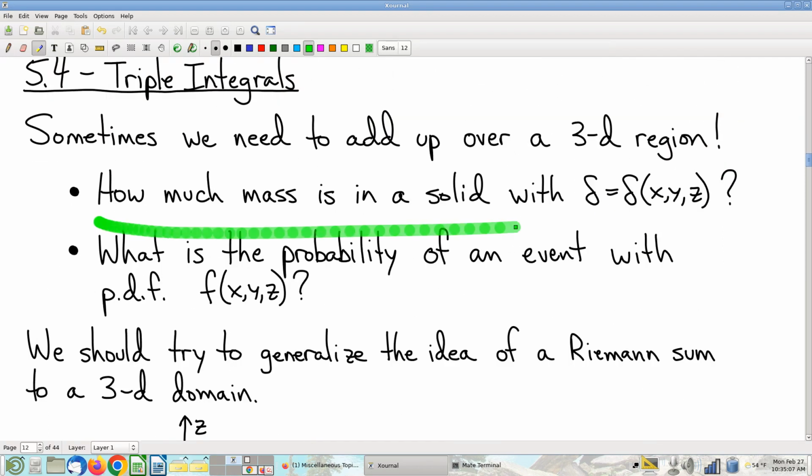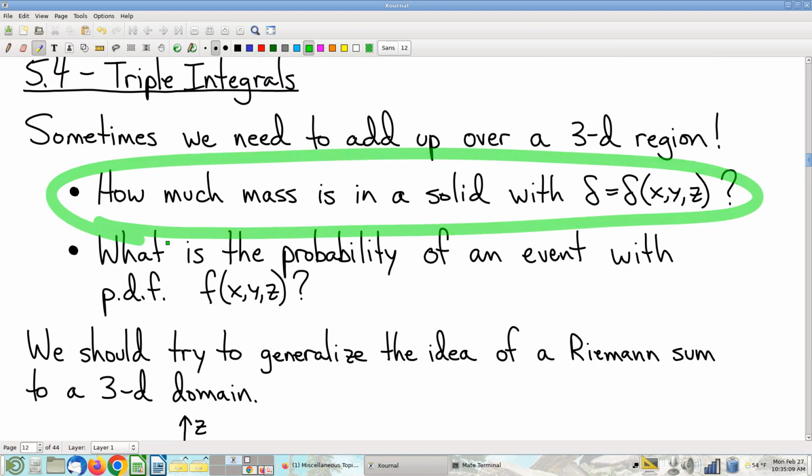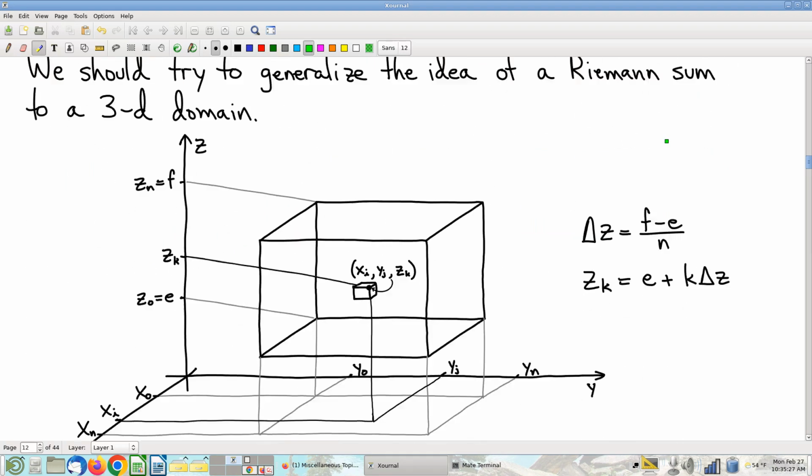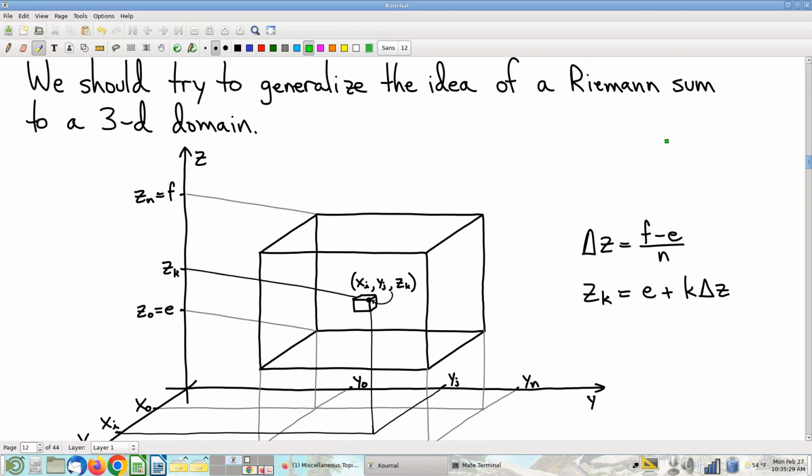And if you find yourself looking at a question like this, where we have mass distributed over a 3D region, and I want to know the total amount of mass, or I know the density locally as a function, what I need to do is do a Riemann sum, chop it up, add it up, whole is the sum of the parts, on a three-dimensional solid instead of a two-dimensional region or a one-dimensional interval.